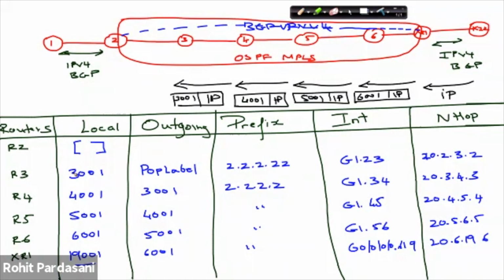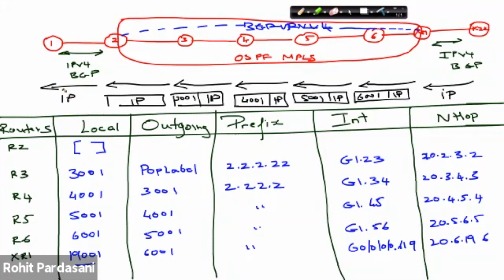He sees that if I receive 3001, I should do a pop label. Pop label means remove the topmost layer and forward whatever's inside to the neighbor. So now he does a pop label and forwards an IP packet to R2, and R2 does a routing lookup and forwards an IP packet to the customer.